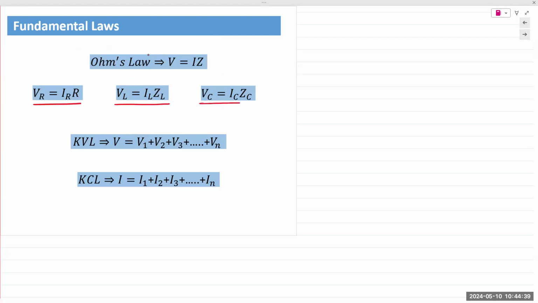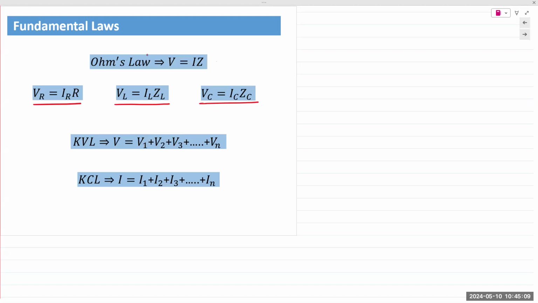Same thing for a capacitor, IC times ZC. And that's the beauty of using complex numbers. You can apply everything exactly the way it was. Imagine how much fun node voltage analysis would be with complex numbers in the mix. KVL, KCL, everything works exactly the way it is.